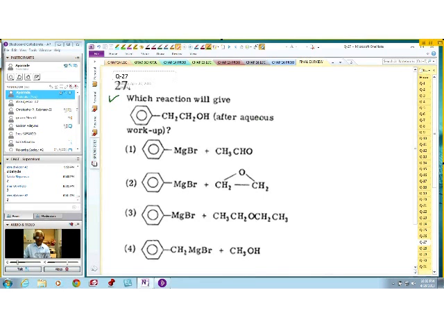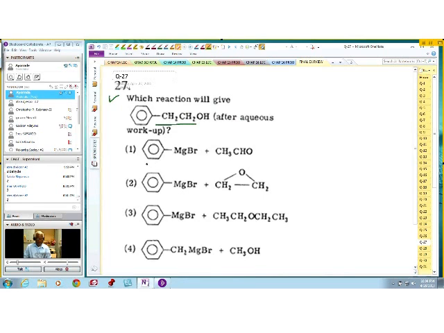Okay, thank you. Very good. So here, this is a case of trying to see whether you know your reagents and also, of course, the reaction mechanism. Which reaction will give this compound here after aqueous workup?